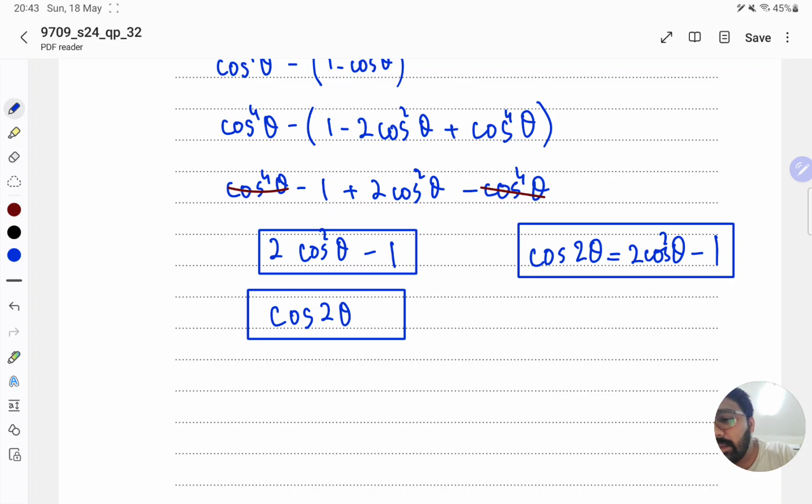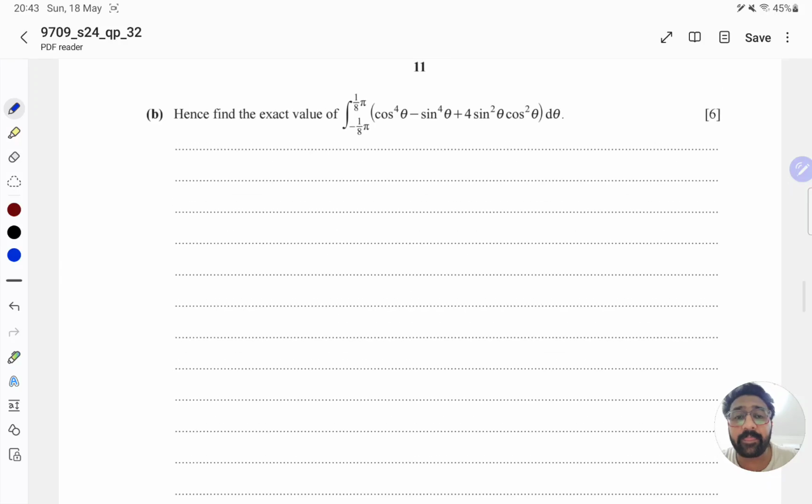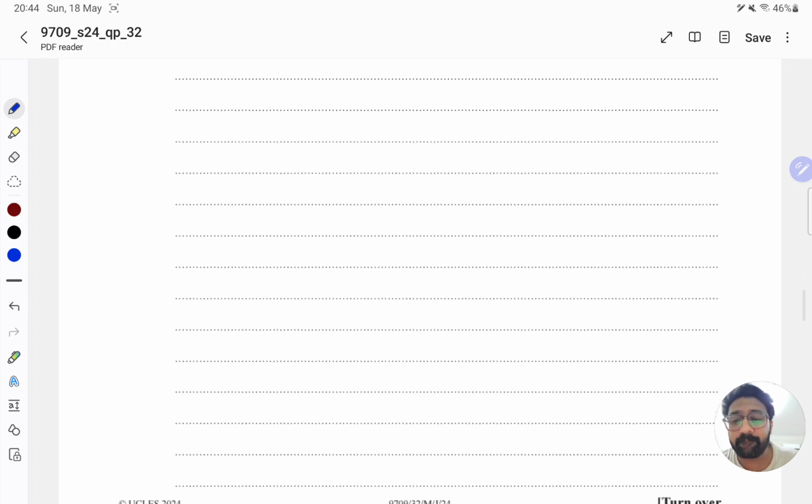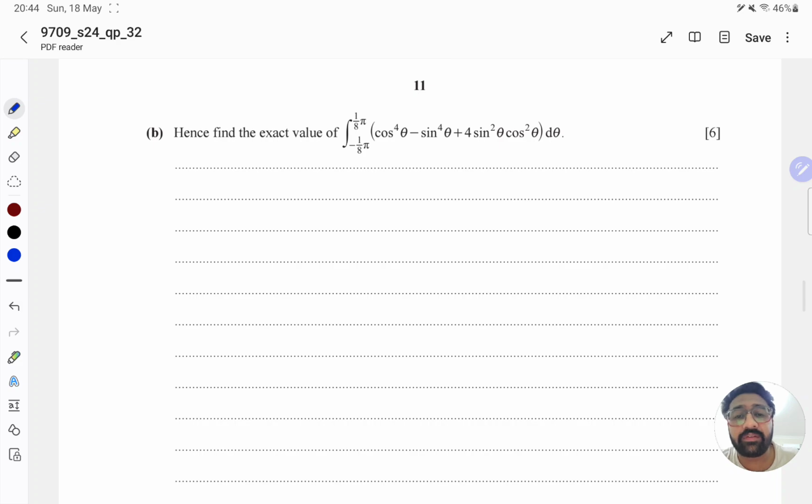Yes, so let's move further. Part B says, hence find the exact value of this. Okay, so to find the exact value of this, let me write down the integration from pi by 8 to minus pi by 8 of cos power 4 theta minus sine power 4 theta.